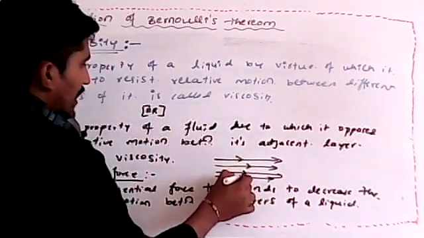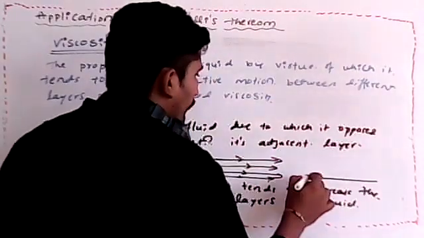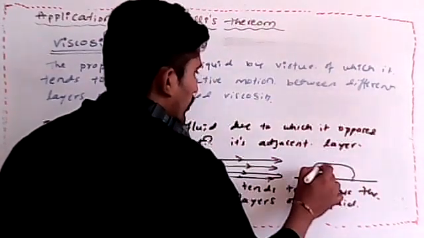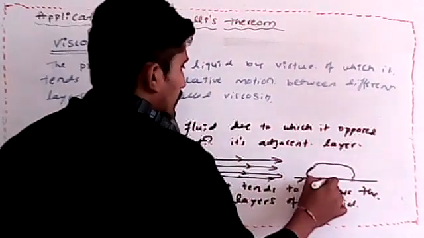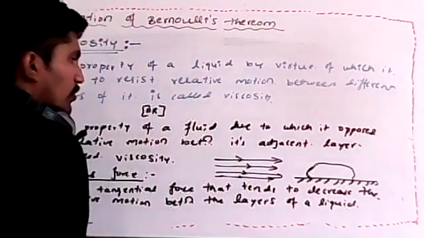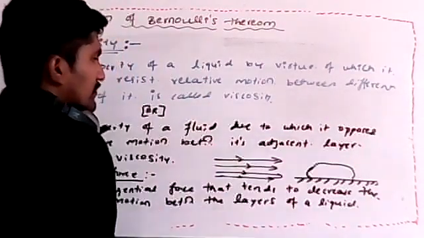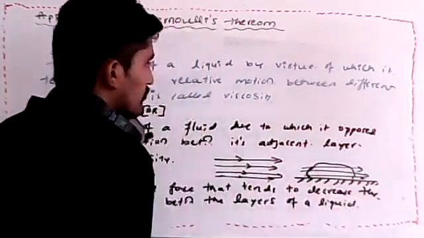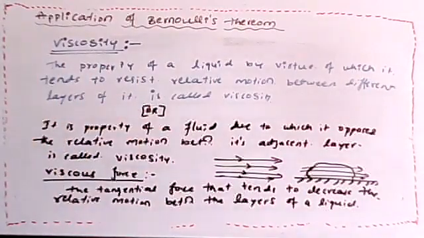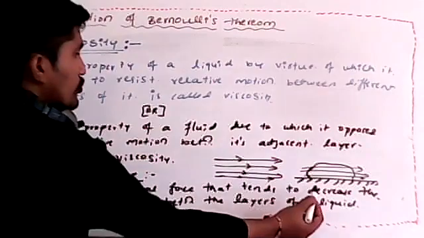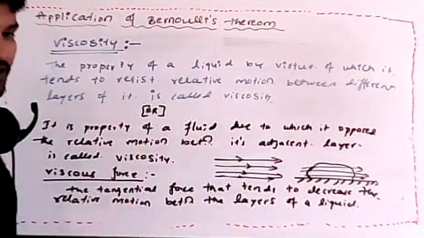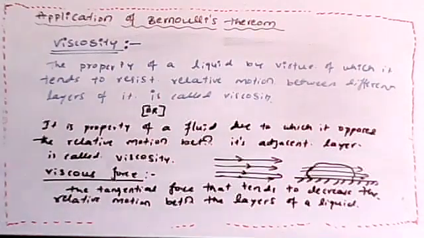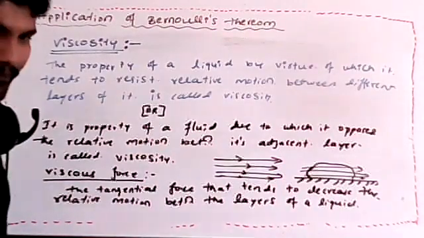For example, when a liquid drop is placed over any solid surface, the tangential force will be there between each layer. So between different layers there will be force. The tangential force that tends to decrease the relative motion between the layers is nothing but viscous force. We will see it in detail in my next class.